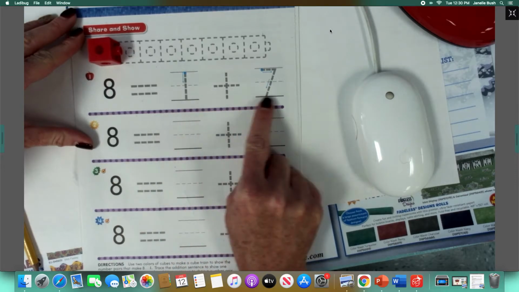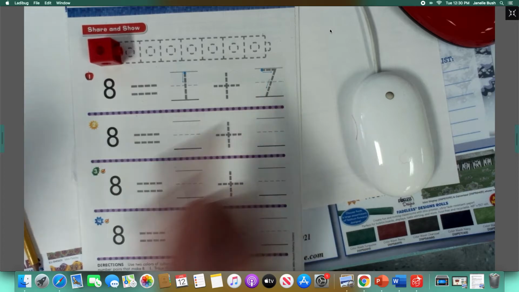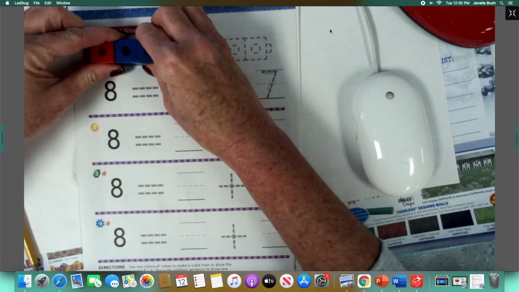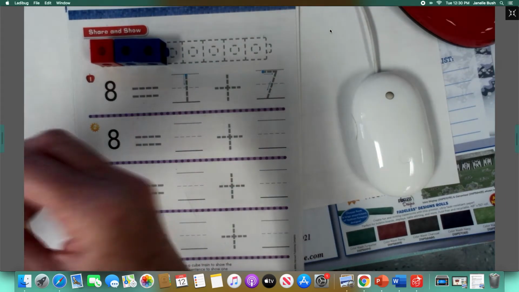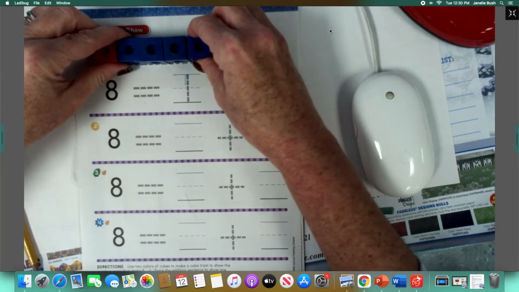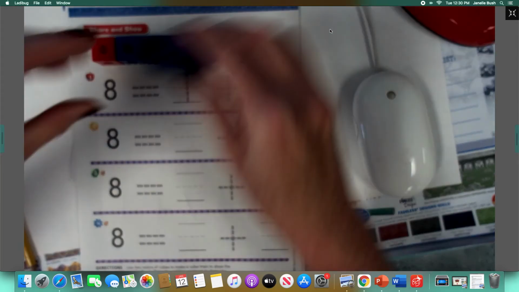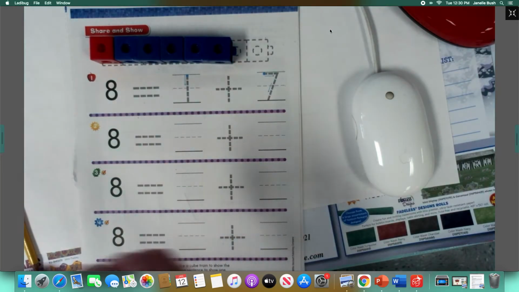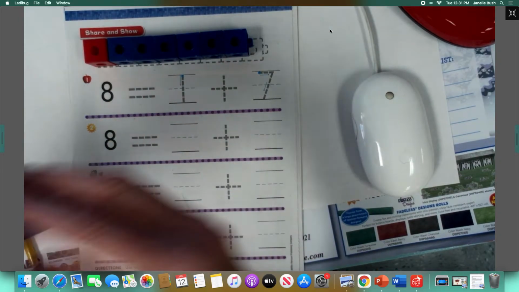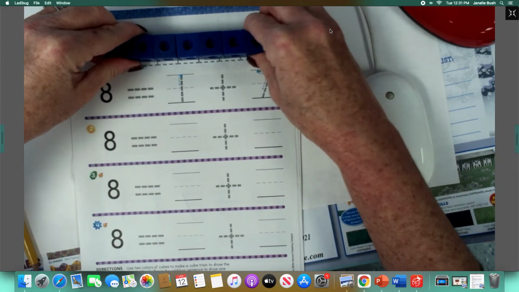Now it says plus 7. So 7 is the number of blue cubes that we're going to have this time. So 1, 2, 3, 4, 5, 6, and 7.